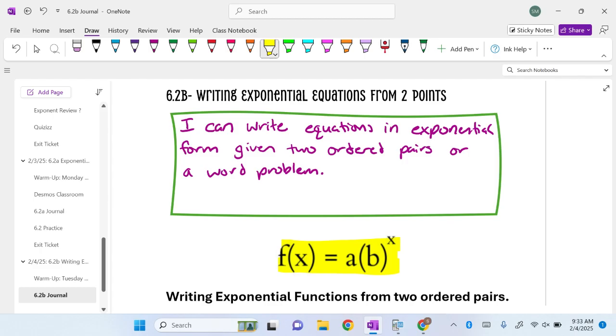What did I say the a value represents? What key feature does the a value represent? It's the y-intercept. So your a value represents your y-intercept. So whatever number that's being multiplied to your base, that's your y-intercept.